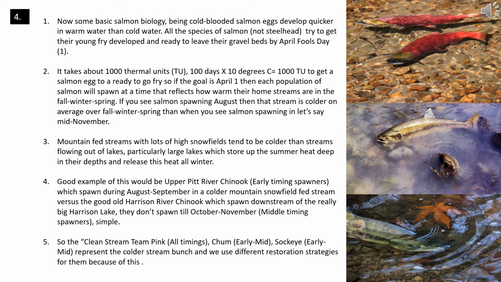They take the temperature of the water, and that accelerates their metabolism. So they develop quicker. All the species of salmon, and I'm going to make an exception of steelhead and cutthroat, what we would call trout, which are somewhat different in this regard, try to get their young fry to develop in the gravel and be ready to leave the gravel by around April Fool's Day, April 1st.